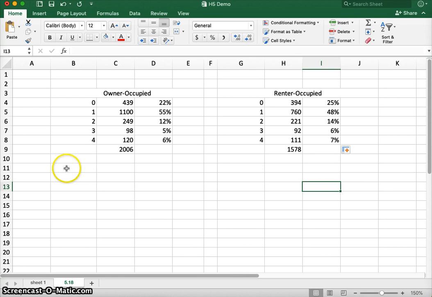To do that, we're going to find the expected value, or the mean, of this variable, which we're calling x.